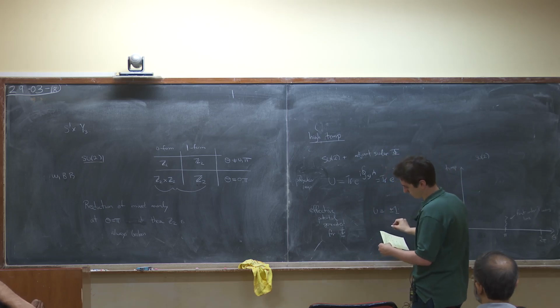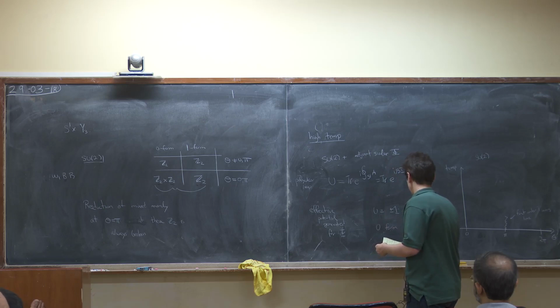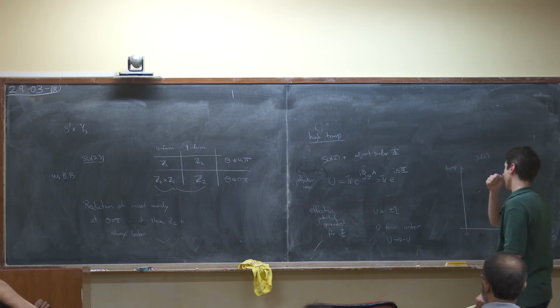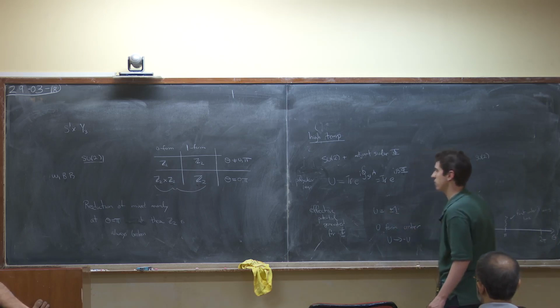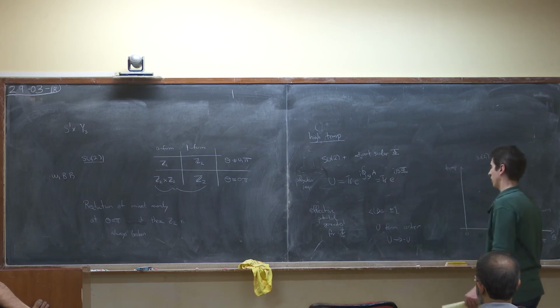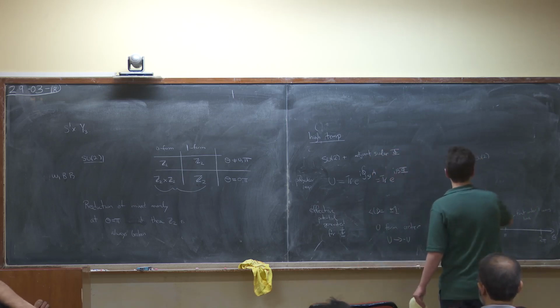Under the zero form center symmetry, u goes to minus u. So therefore this expectation value breaks the zero form center symmetry, and so this is the deconfinement transition.